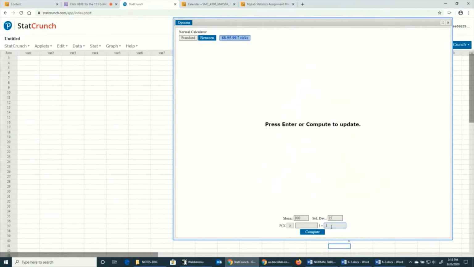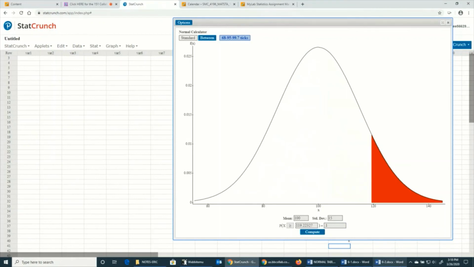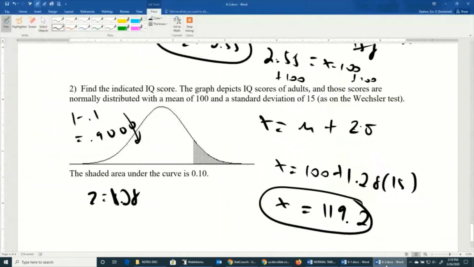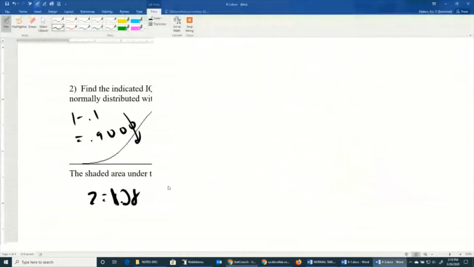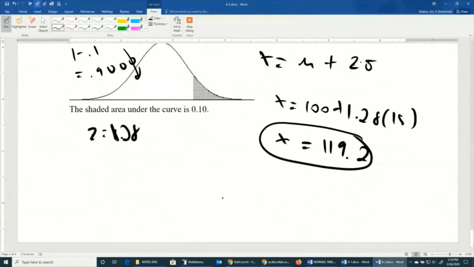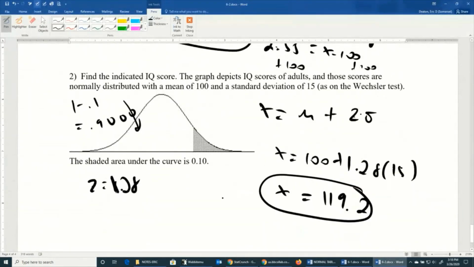And so when I hit compute or enter, this x value right there in that box is the answer. 119.22. There you go. Same picture we have over here. And that is it. A lot of work. But if you want to use StatCrunch and the graphing calculator, I highly recommend it.